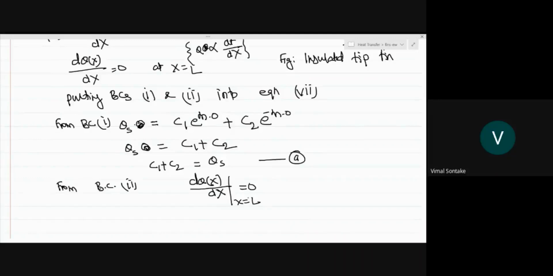Now here, I cannot put the boundary condition directly. I have to do some simple mathematics. What is that?